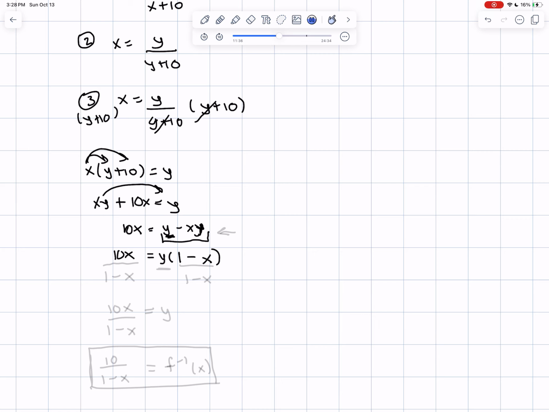Well, I want to get y by itself, so I'm going to divide the 1 minus x out and move it to the other side. So y equals 10x over 1 minus x. And then I switch the y with f to the minus 1.